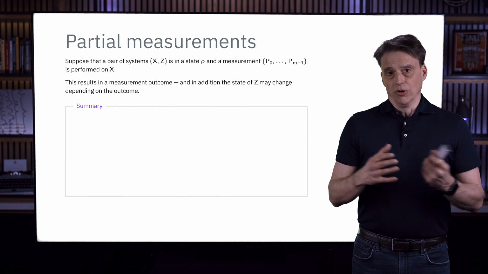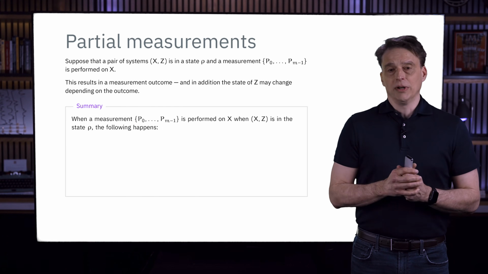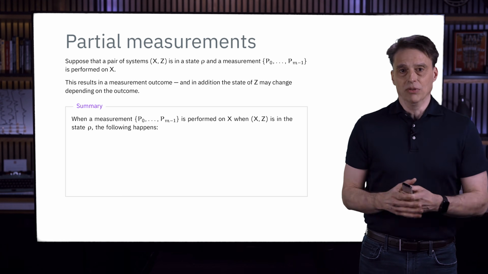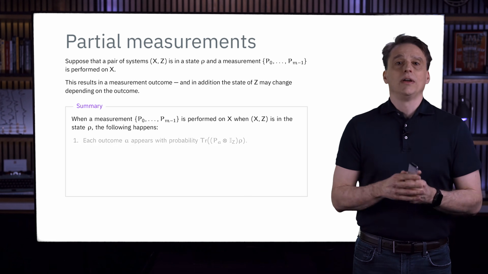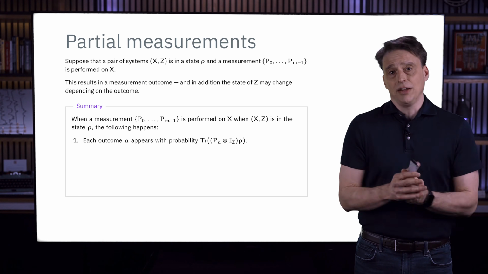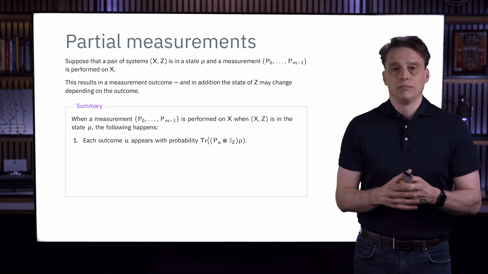So, in summary, if we perform a measurement on X while the pair XZ is in the state rho, this is what happens. First, each outcome A appears with probability equal to the trace of P_A tensored with the identity times rho.